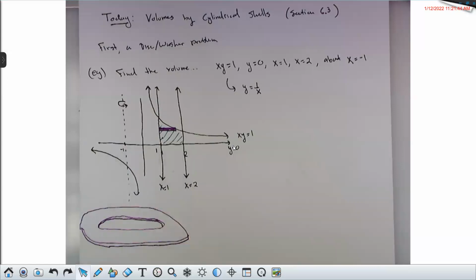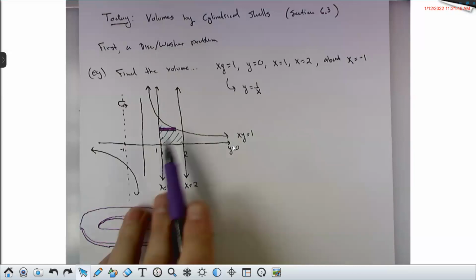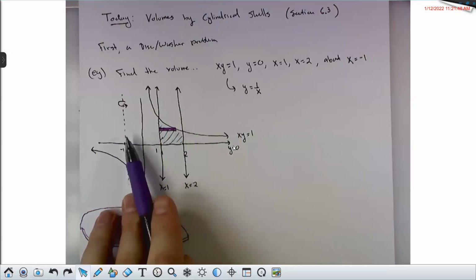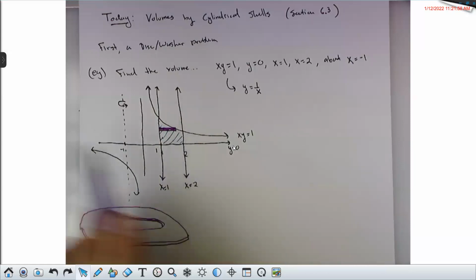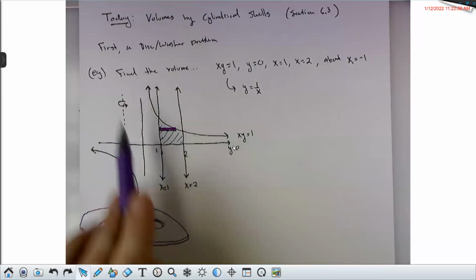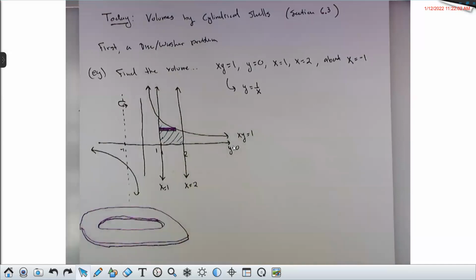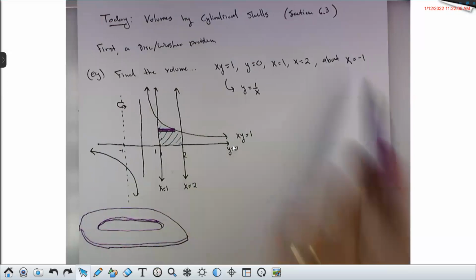It's a horizontal line. I draw in my strip perpendicular to the axis of rotation. That's the whole thing with the dishwasher method, is that your strip is drawn in perpendicular to the axis of rotation. And then I imagine rotating just this strip around this dotted axis of rotation here, which is the line x equals -1. So it told me that's my axis of rotation.